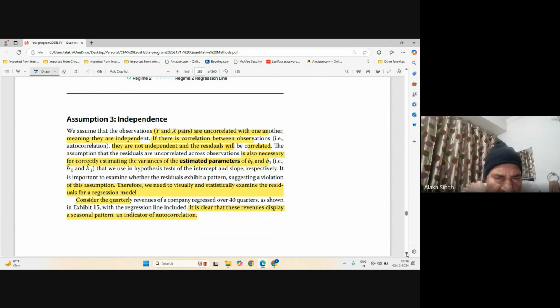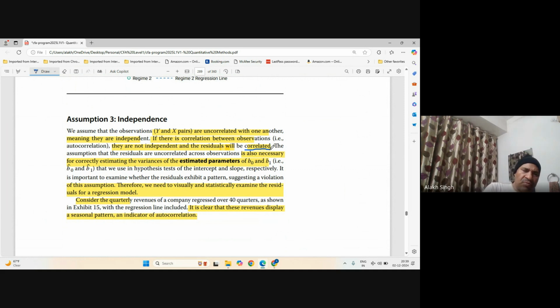Independence, we already discussed that the error terms should not be correlated. We assume that the observations, the y and x pairs, are uncorrelated with one another, meaning they are independent. If there is correlation between observations, they are not independent and the residuals will be correlated.